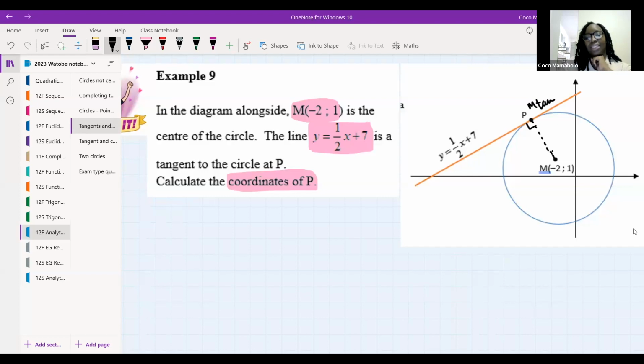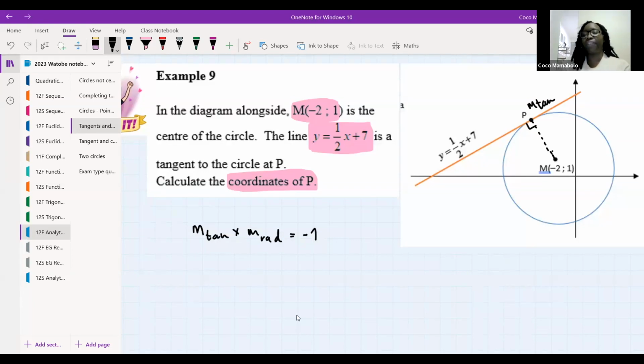That's it. Yes, Zinke. We can find the gradient of my radius. So I know I've got the gradient of my tangent multiplied by the gradient of my radius will give us -1. We've just looked at this.